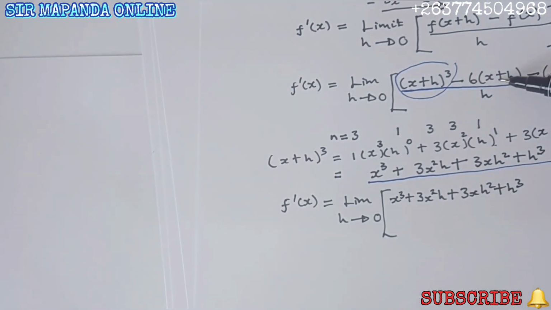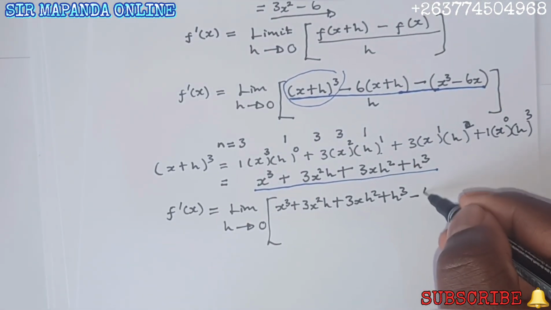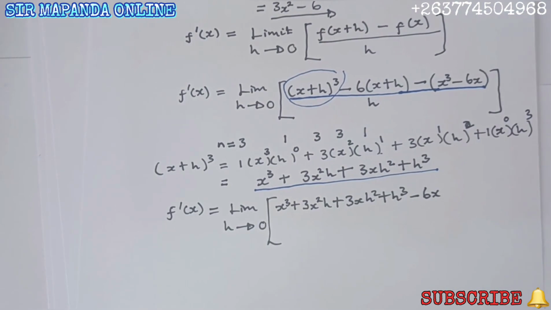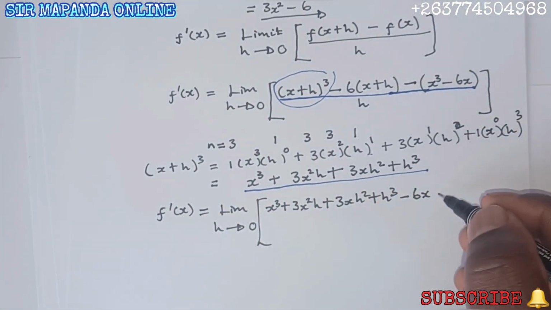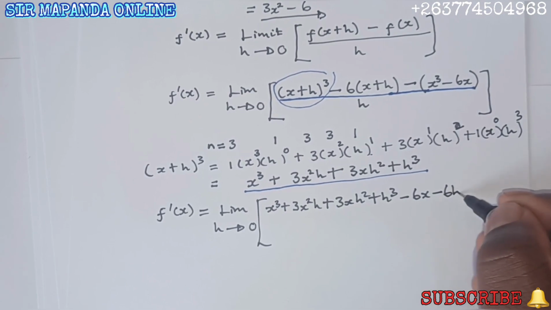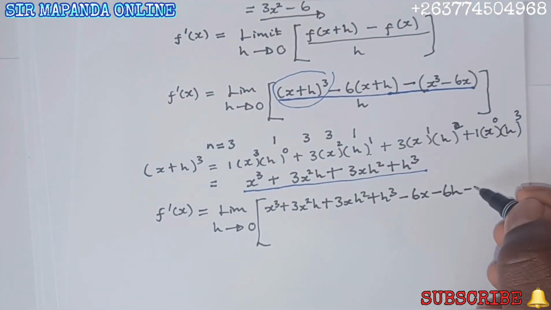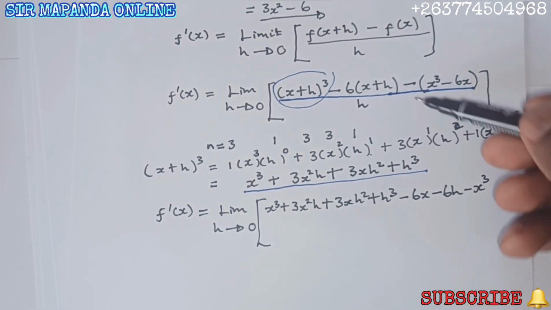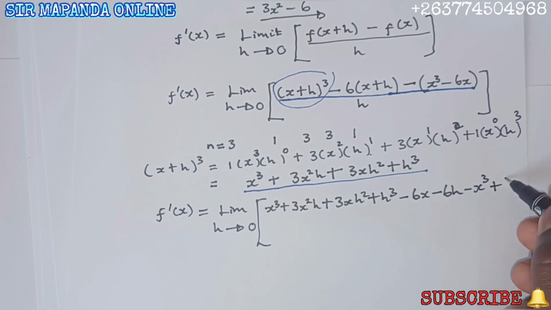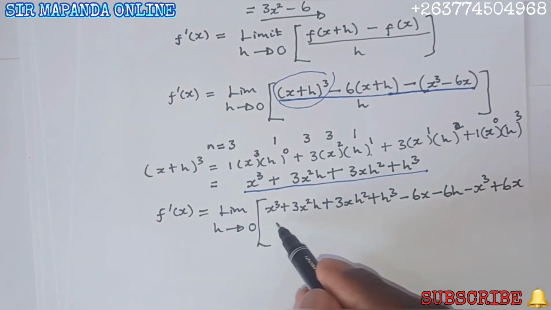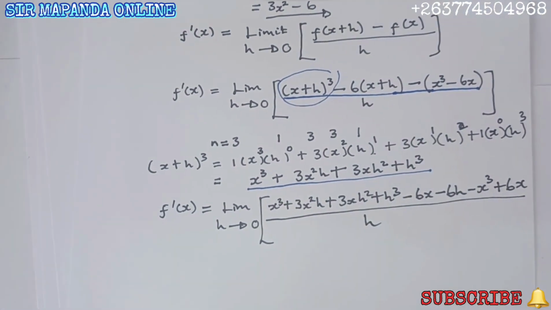Then let us expand. Minus 6 times x, you get minus 6x. Then minus 6 times plus h, you get minus 6h. Then minus times x cubed, you get minus x cubed. Then minus times minus 6x, you get plus 6x. Then you divide everything by h.